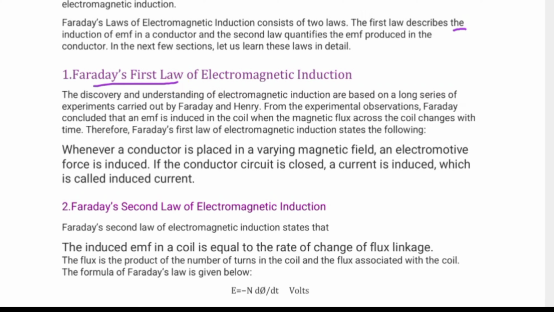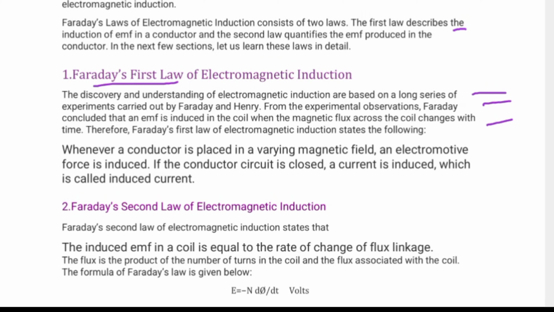The discovery of the first law of electromagnetic induction was based on a long series of experiments carried out by Michael Faraday. Basically, to find anything, a series of experiments will be carried out. From the experimental observation, whenever magnetic flux across the coil changes in time, an EMF will be generated.